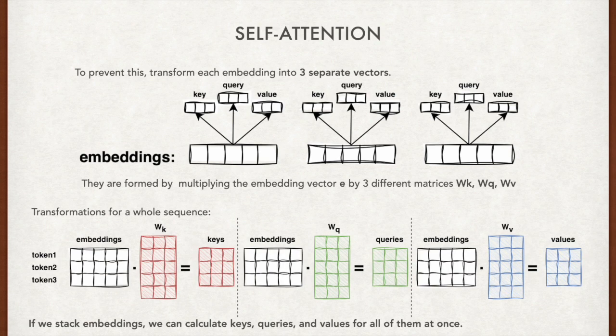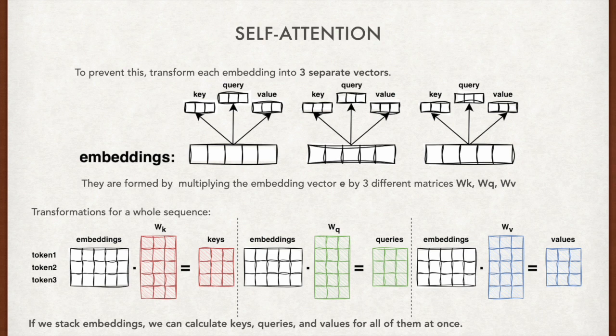We can even use the power of linear algebra to effectively calculate keys, queries, and values for each token in our input sequence at once. If we stack those embeddings in subsequent rows, the result of multiplying this matrix by WK, WQ, and WV will be another matrix where each row represents a key, a query, and a value of a given token.